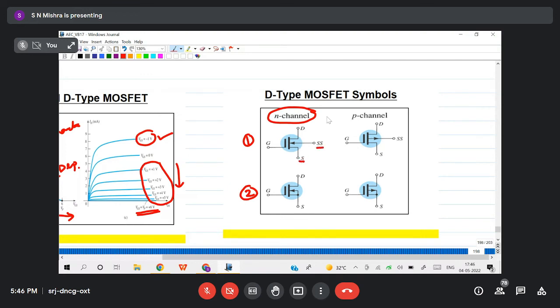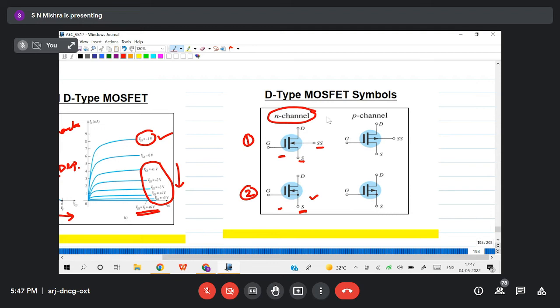In the first, the substrate and source terminals are separate, and the substrate is arrow marked. In the second one, source and substrate are shorted. So we can use it as a 3-terminal device. This is a 4-terminal device, this is a 3-terminal device. The 3-terminal one is more important for you, because we are shorting the source and substrate, so this will be more prominently used.